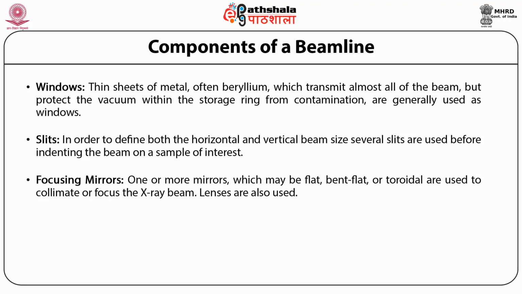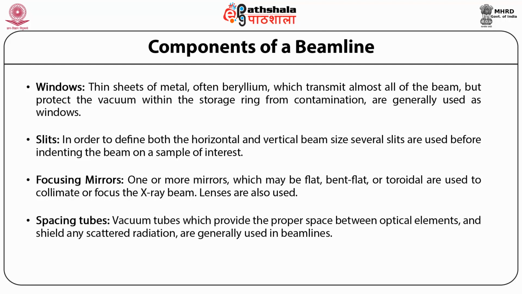One or more mirrors, which may be flat, bent flat, or toroidal, are used to collimate or focus the X-ray beam. Lenses may also be used as focusing mirrors. Fifth component is the spacing tubes.